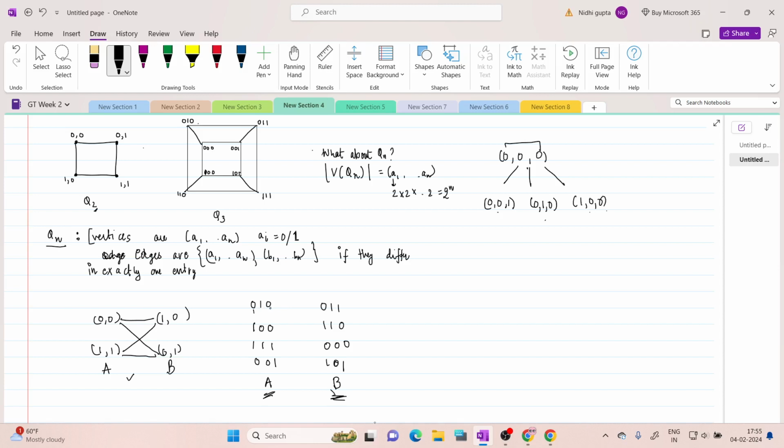We are just allowed to change one entry. Changing the first entry gives 1 1 0, changing the second gives 0 0 0, and changing the third gives 0 1 1.